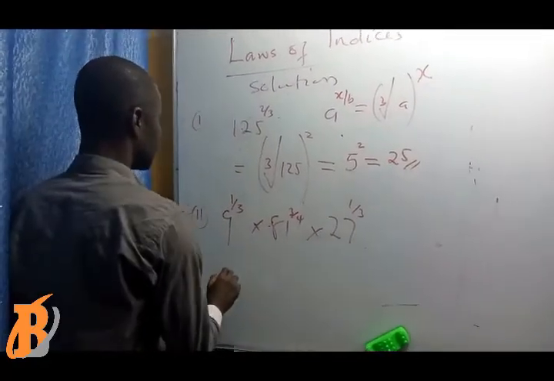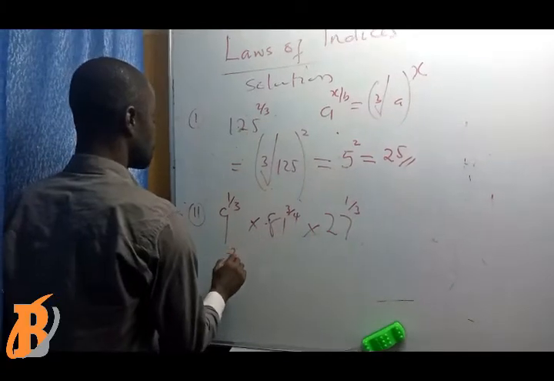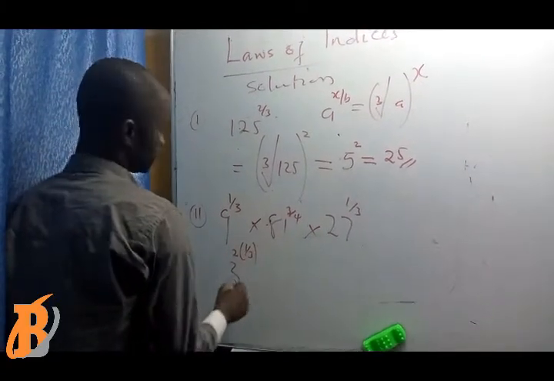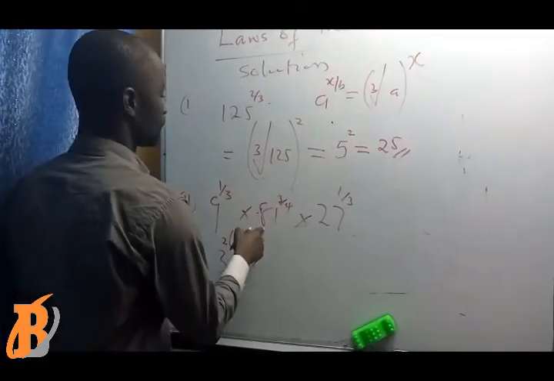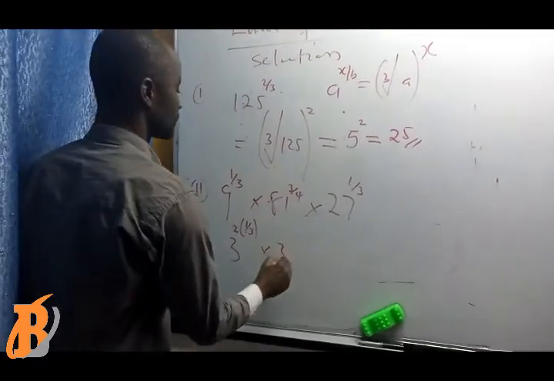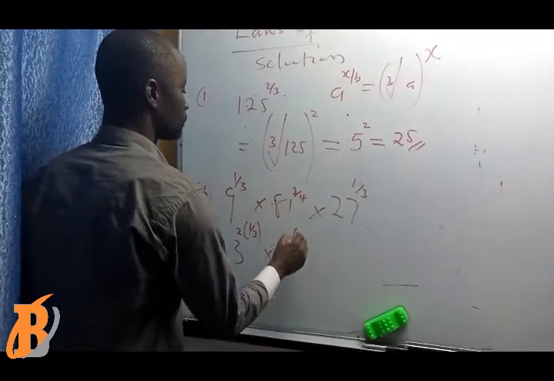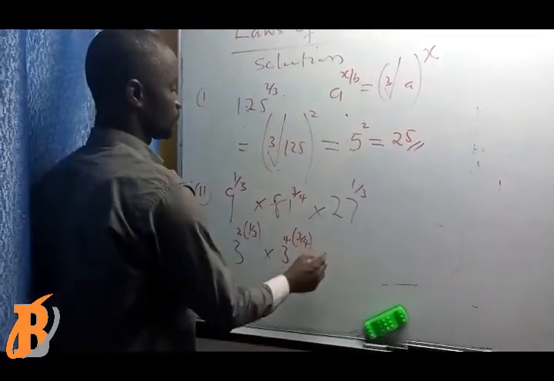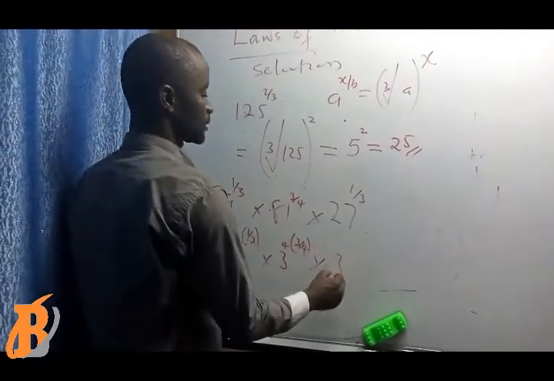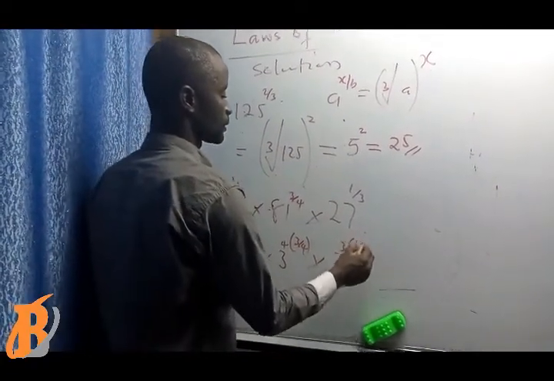Here we have (3 raised to power 2) raised to 1/3, because 3 squared is 9, multiplied by (3 raised to power 4) raised to 3/4, because 3 to the power 4 is 81, multiplied by (3 raised to power 3) raised to 1/3, because 3 cubed is 27.